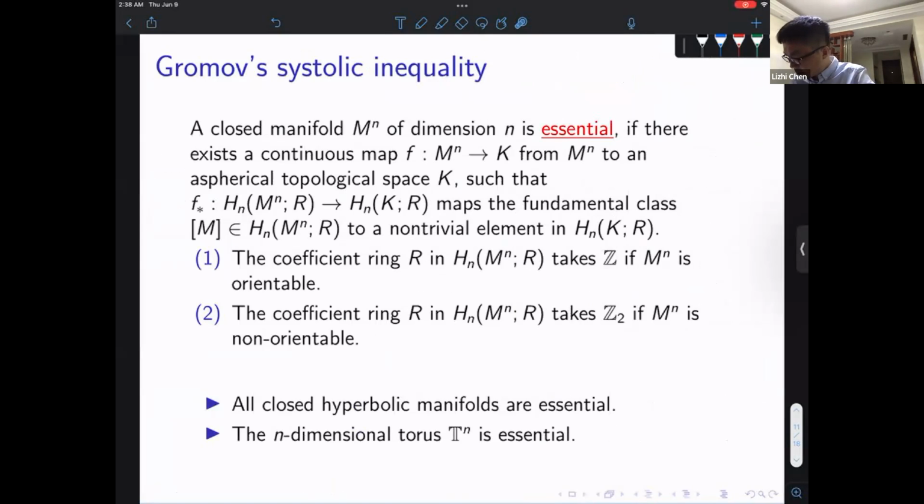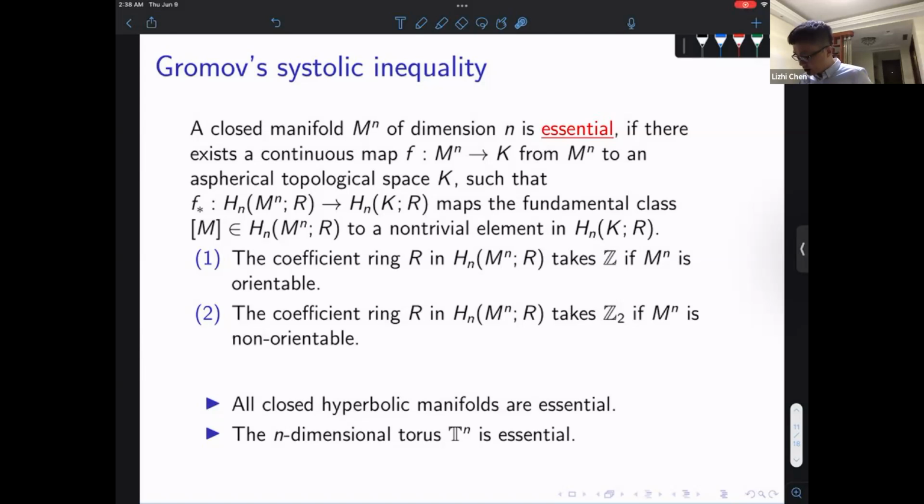A closed manifold M is essential if we have a continuous map f from the manifold to a aspherical topological space K, which satisfies that the induced homology homomorphism maps the fundamental class to a non-trivial element in the nth homology of the topological space K. Here, the coefficient we take is the integers if the manifold is orientable, and Z2 if the manifold is non-orientable.